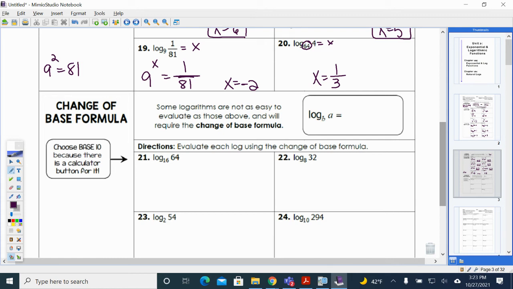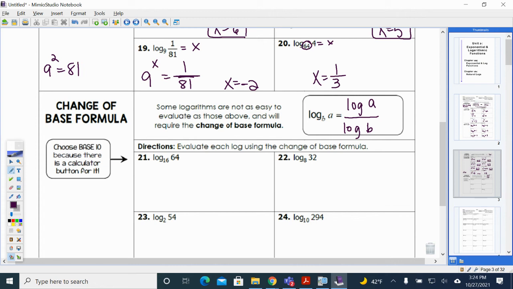Before this new technology was available, we had to use the change of base formula. So if we had log base b of a, we had to take the common log of a and divide by the common log of b. And that's your change of base formula. It's not that it's hard, but it's old, and we don't even need it anymore unless you have a very old calculator.